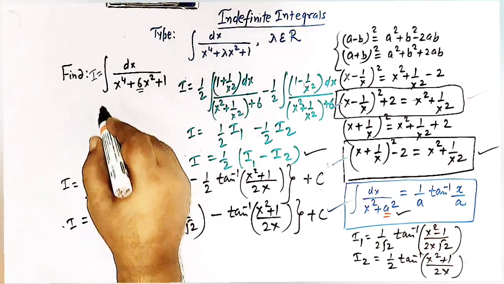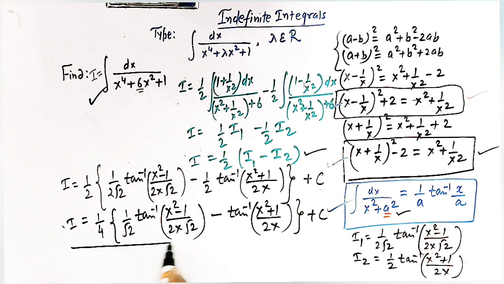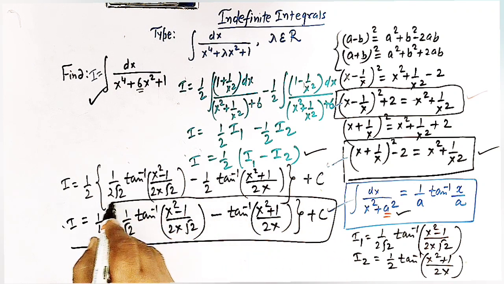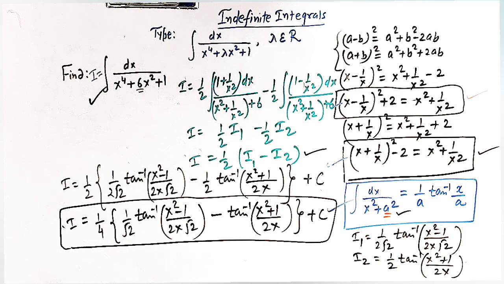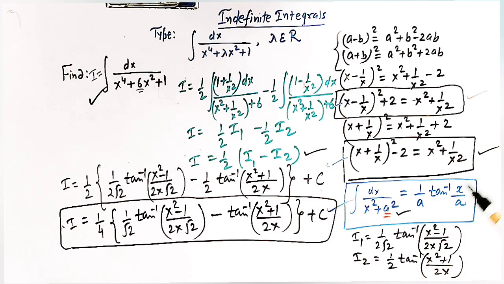So viewers, the value of this integral is given by this expression, right? And here we have seen that we can easily solve these kinds of indefinite integrals by using these three results along with the method of integration by substitution.